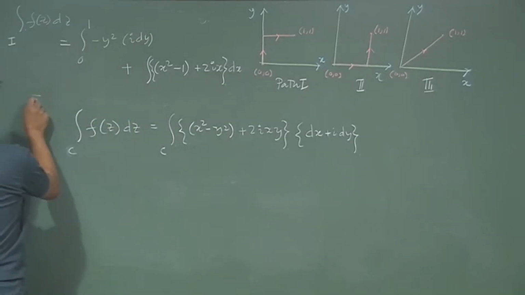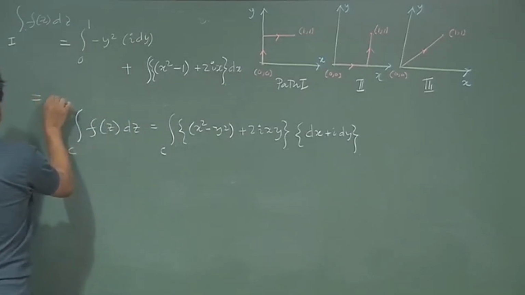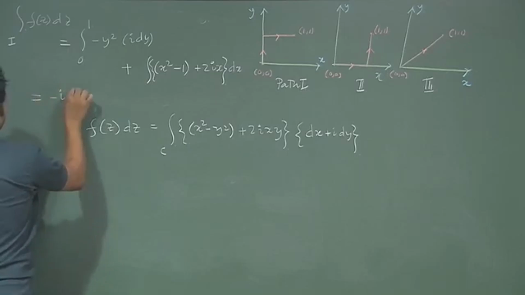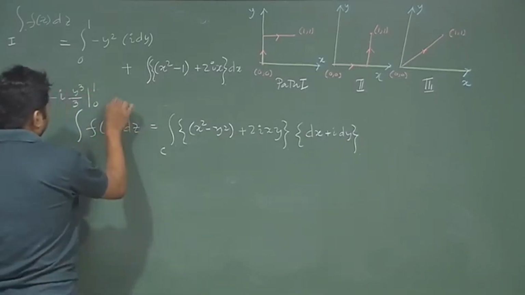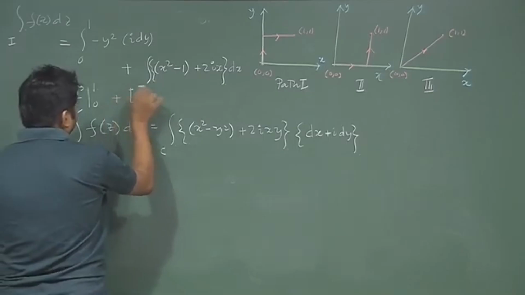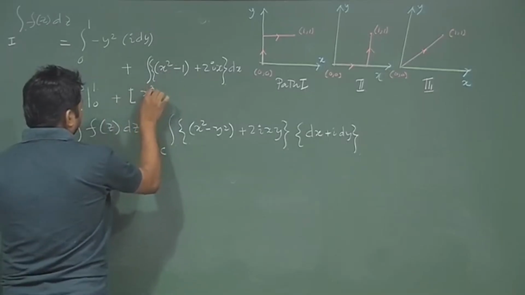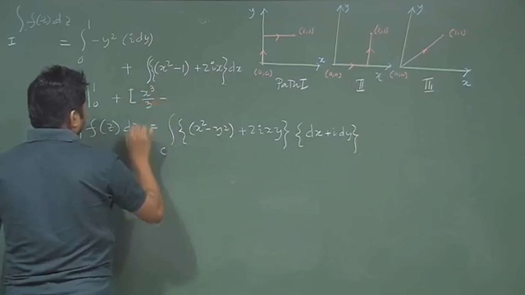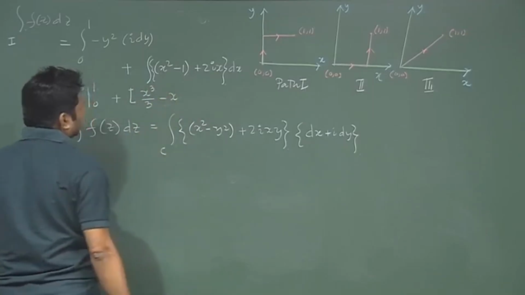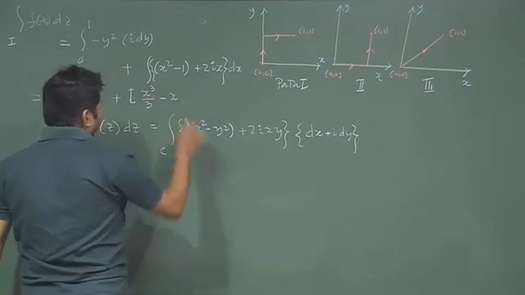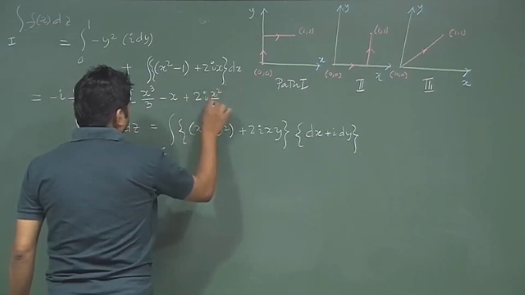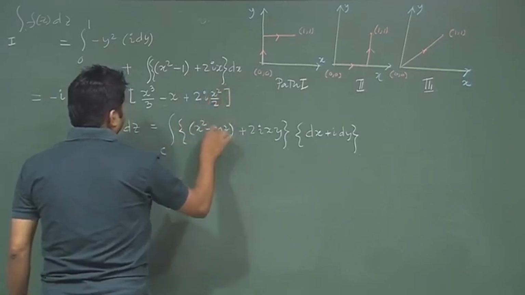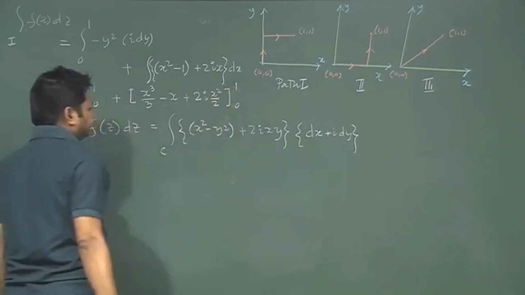So, what should be the value here? It seems to be minus i, y cube divided by 3, from 0 to 1. This is the first integral value, plus this quantity, if I integrate, it will be x cube by 3 minus x, and then plus 2i x square by 2, with the limit 0 to 1.